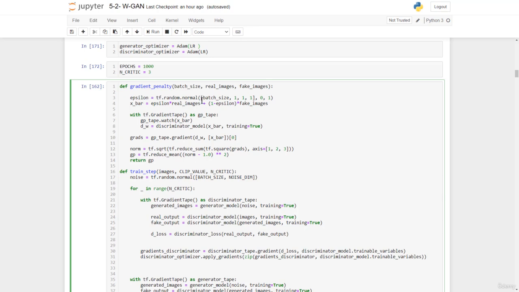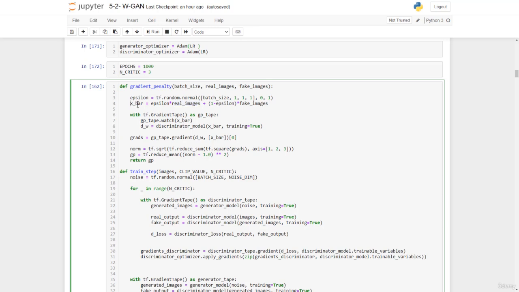So if our real and fake images come in as a batch, then each of those would have a different epsilon. And so as we could see here, we're generating this X bar, which is given as epsilon times the real images plus 1 minus epsilon times the fake images.